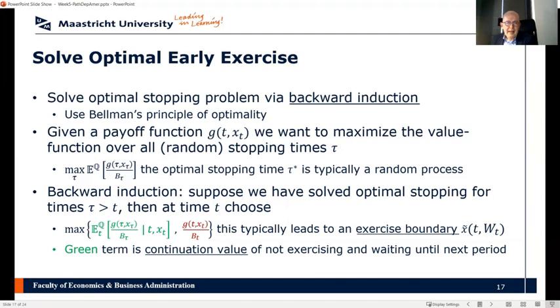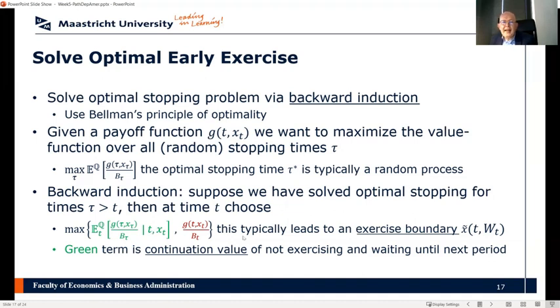t. And then once I have computed my continuation value, I'm going to check. I know what the value is of not early exercising. And then for each state of the world x at time small t, I'm going to compare the continuation value with the early exercise value. And then obviously, I take the maximum of those two values.